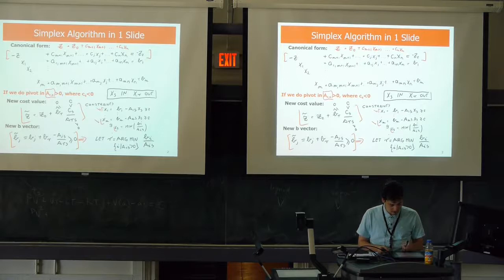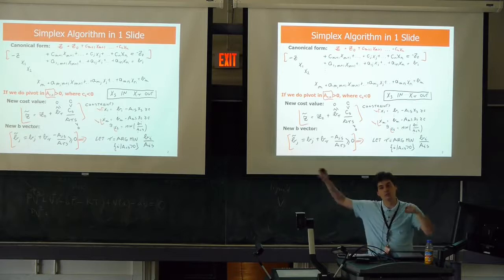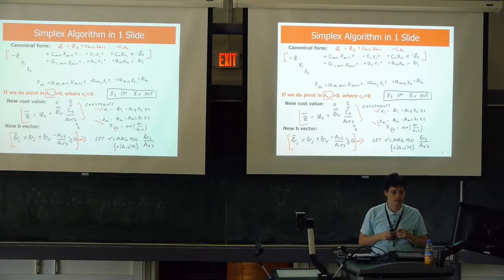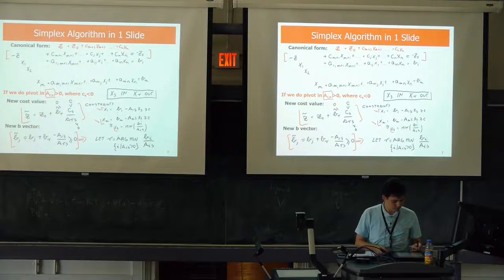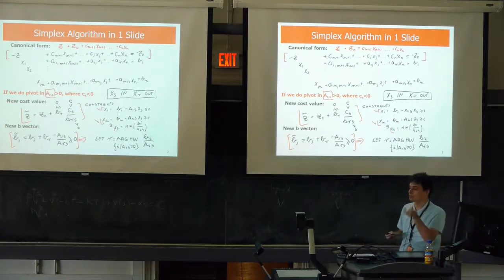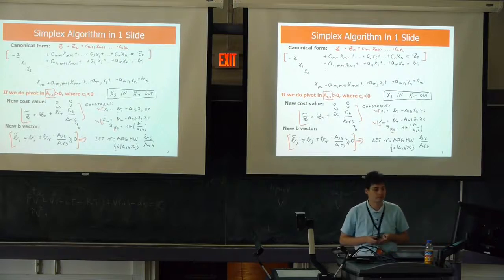Okay, and let r be the argmin of these quantities, and it means that we will bring x_s in and x_r will go out to the non-basic variables. And you can also check that if you do this pivoting method, then the new b value, b tilde, will be non-negative again. So you can repeat this whole process till you stop.